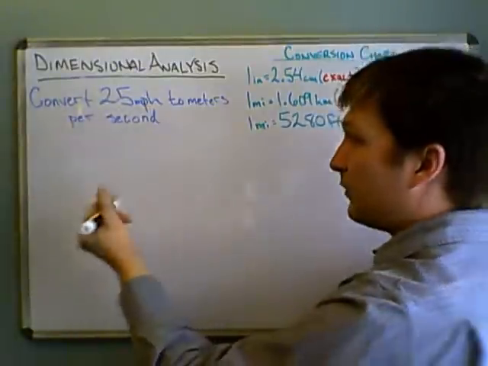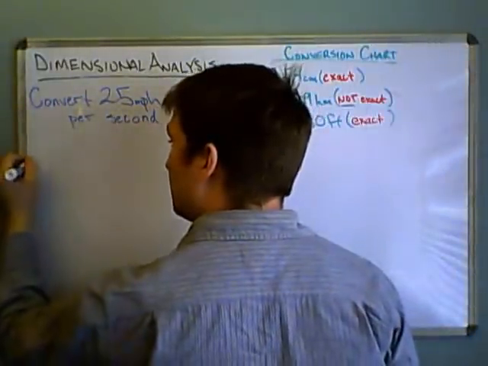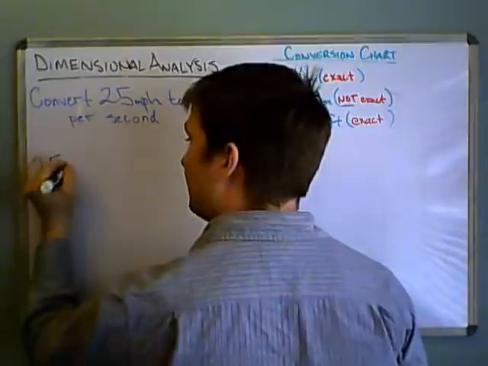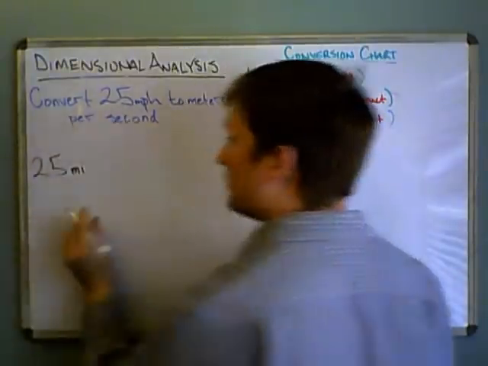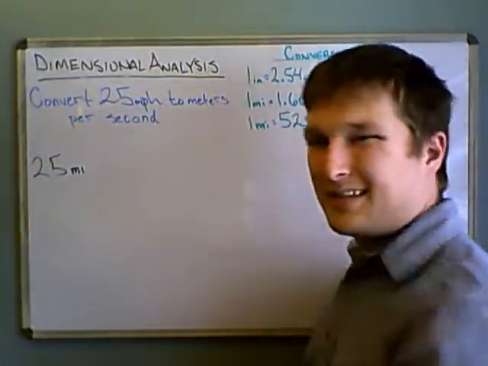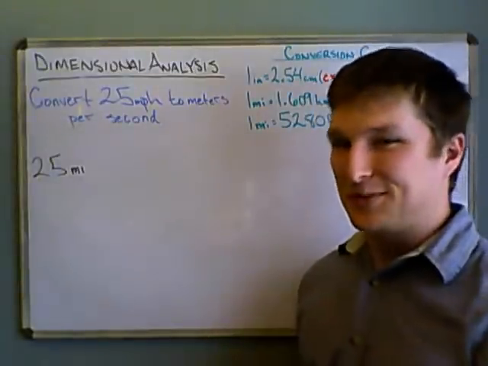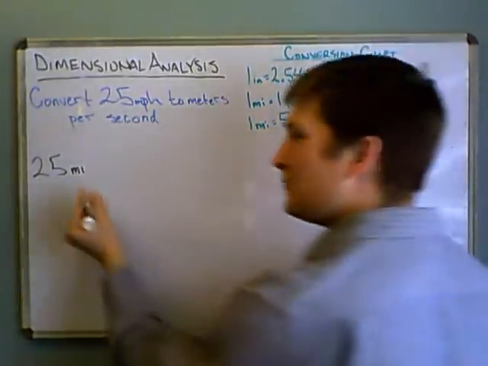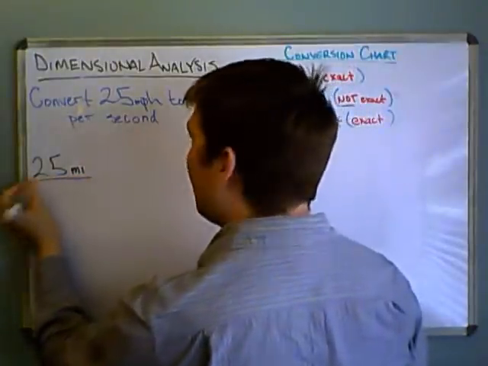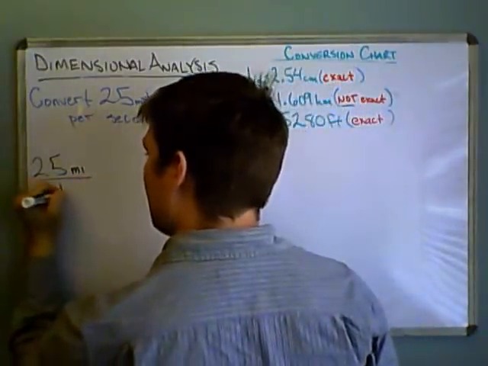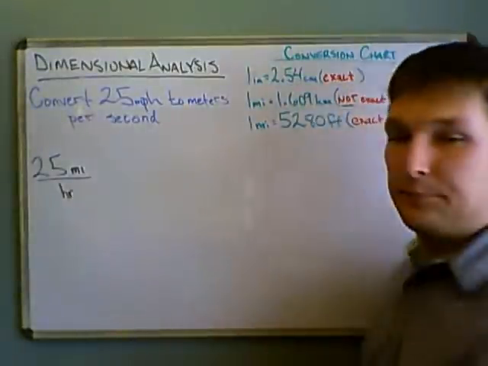Well, that's miles per hour, right? So 25 miles, I'm not going to write it as MPH because that's going to look weird with dimensional analysis. It's much better if you write it this way, miles per hour.